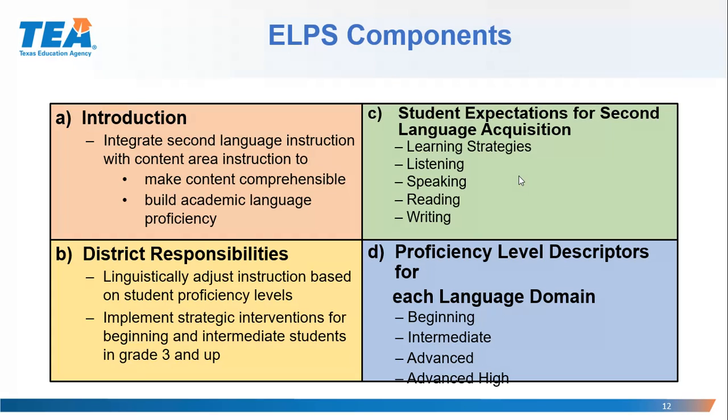Section C contains the student expectations that specify what the students need to learn. Section D contains the proficiency level descriptors, the PLDs, that describe how well the students communicate in English.